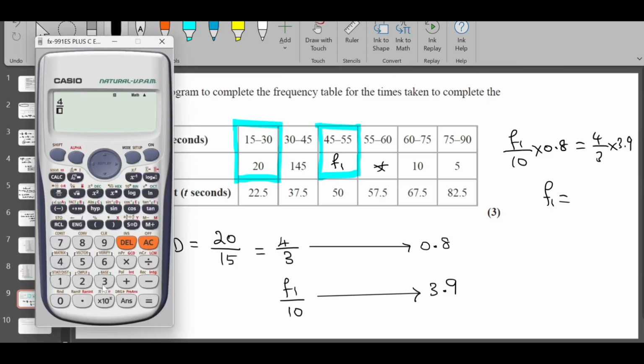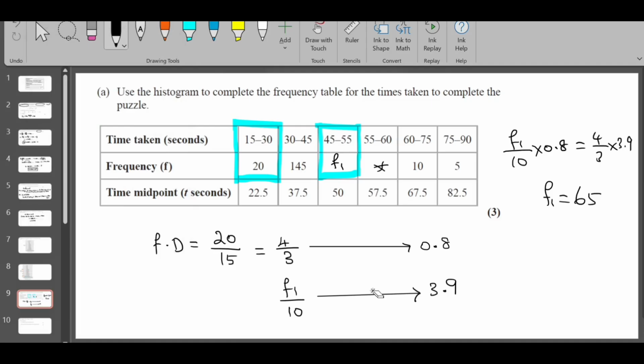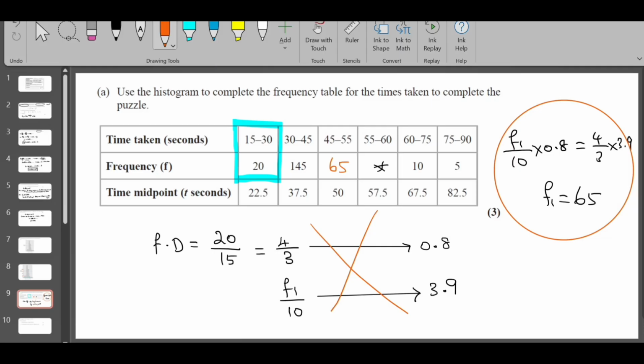So 4 over 3 times 3.9, calculate this first, times 10 over 0.8. 65 is the answer. So F1 is 65, and this should be your working. This diagram is just for your reference.